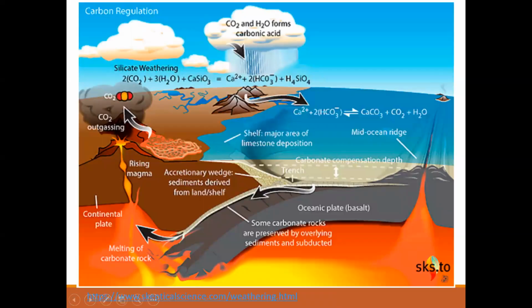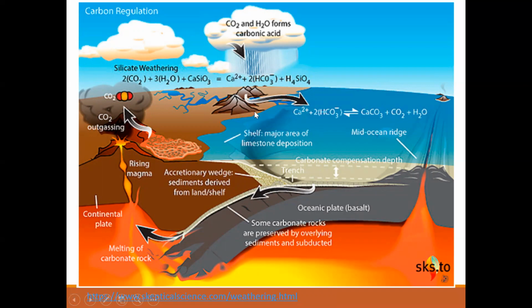I didn't actually have a good one already, so I took this one off of this website here. So how does the slow carbon cycle work? Carbon dioxide and water form carbonic acid together, a slightly acidic solution that will fall on rock and slowly weather these rock surfaces.